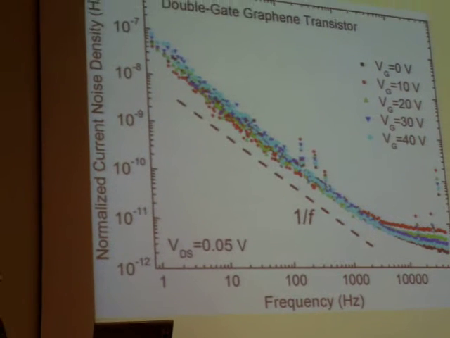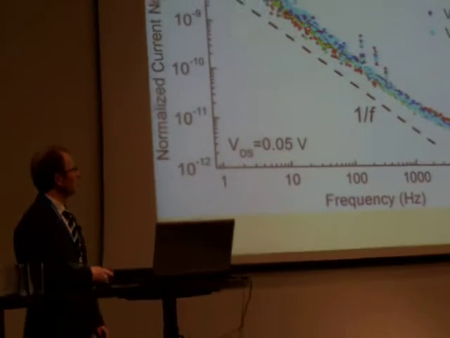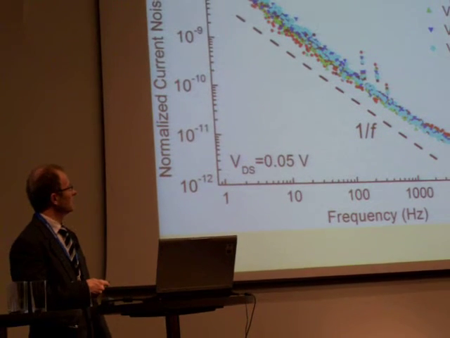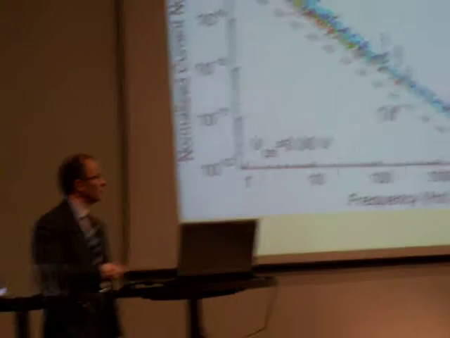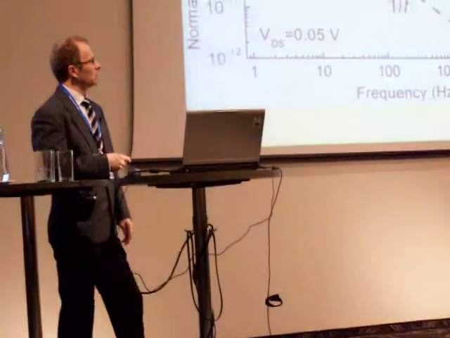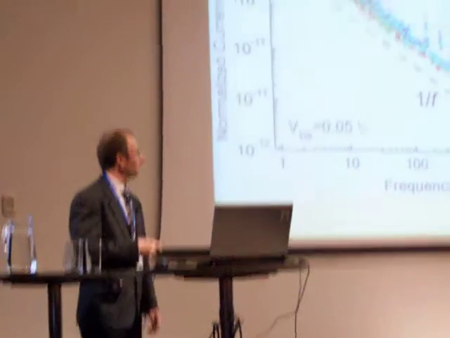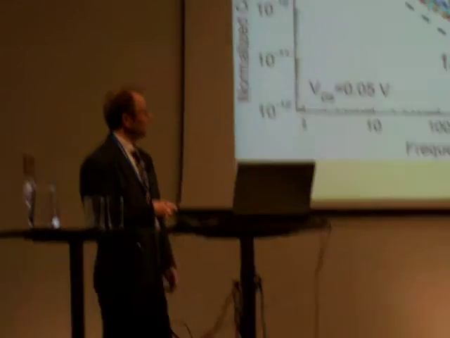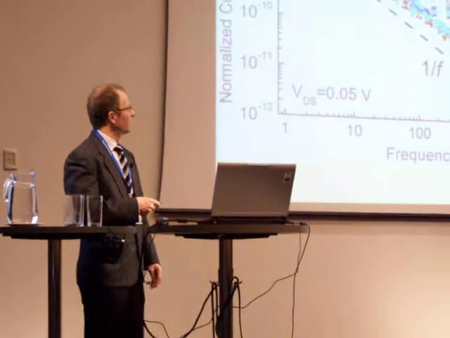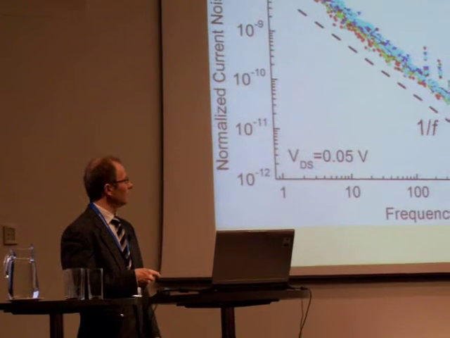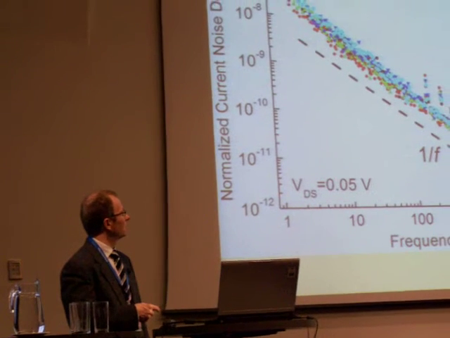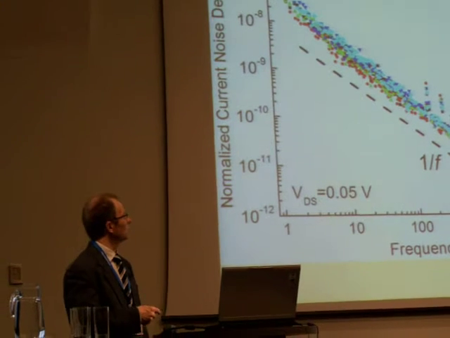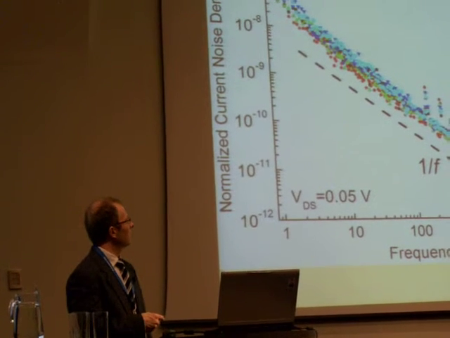According to the McWhorter model, one can represent normalized current noise as a sum of many Lorentzians, each proportional to the inverted square frequency, and each representing an elementary source of current density fluctuations with its own characteristic time associated with defect trapping levels.